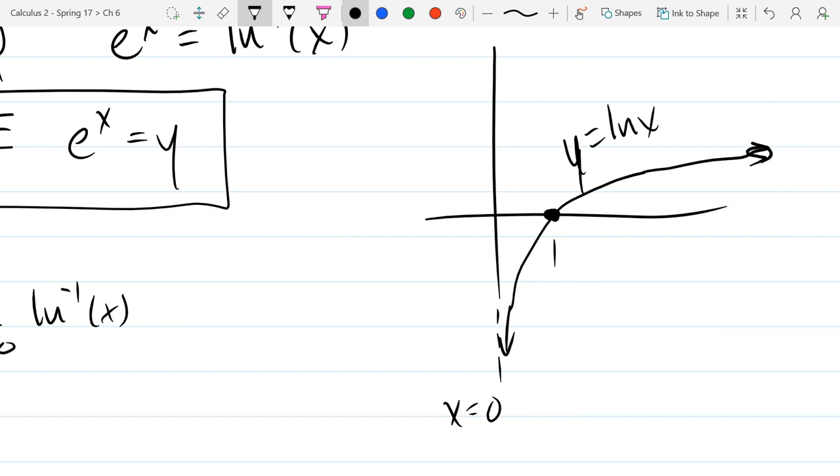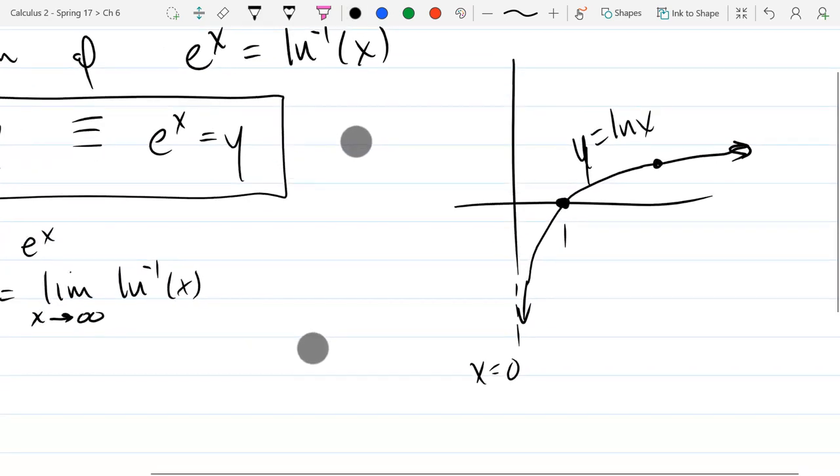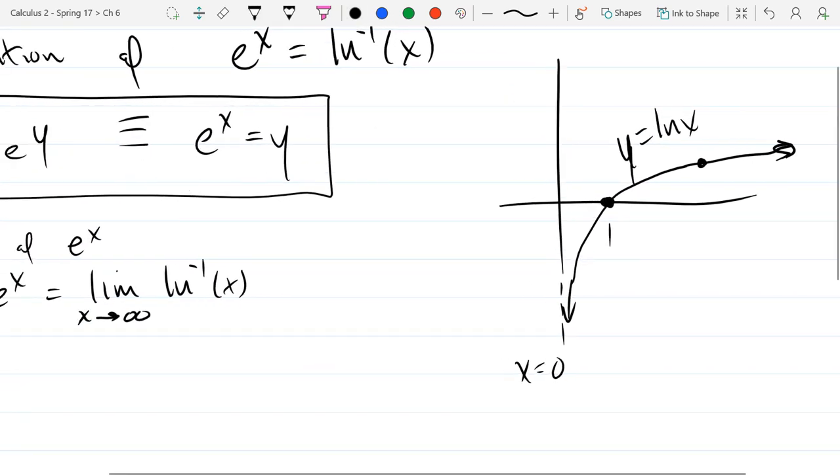When x is less than 1, between 0 and 1, you have negative area. So this y value corresponds to the amount of area under that 1 over t graph. So here's a graph of natural log of x. The only problem is our limit is for the ln inverse function. So what in the world does that mean?